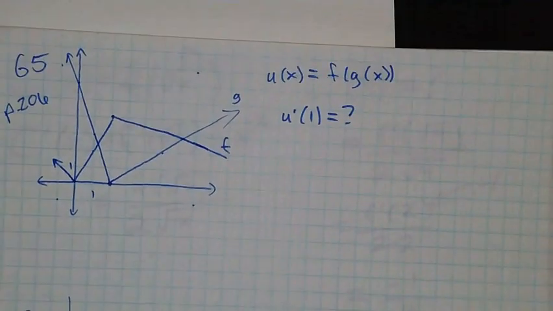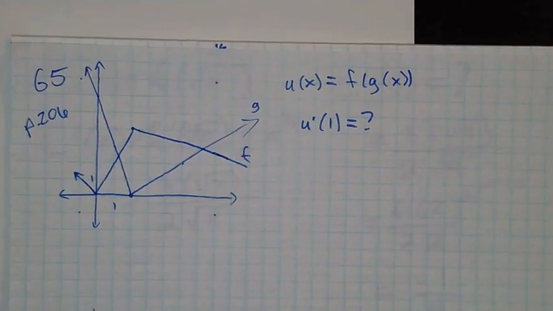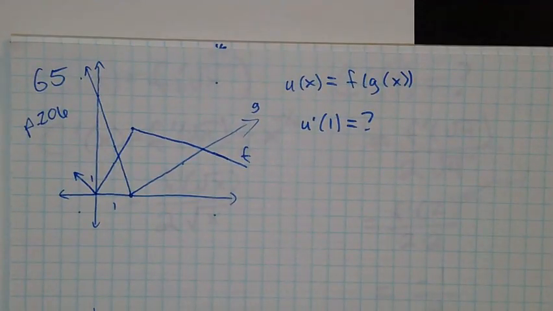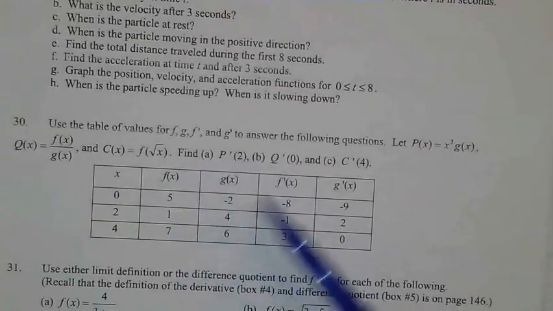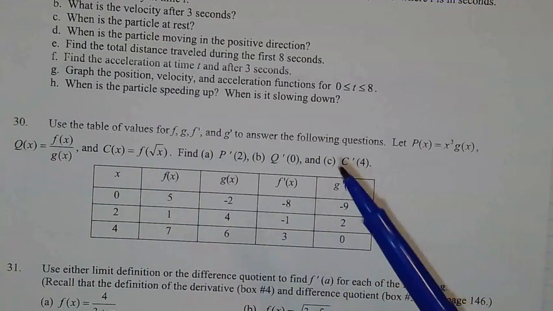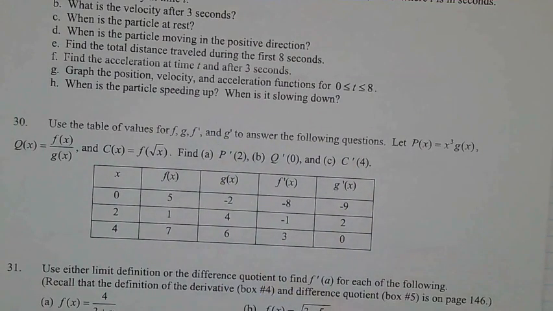I looked through a few of the questions from the book, and a couple stood out to me as ones that I wanted to include in this video. This is question number 65 from the section that involves page 206. We're given, instead of a table of values, we had to look up different things on the table to find the value of the derivative, the value of the function.